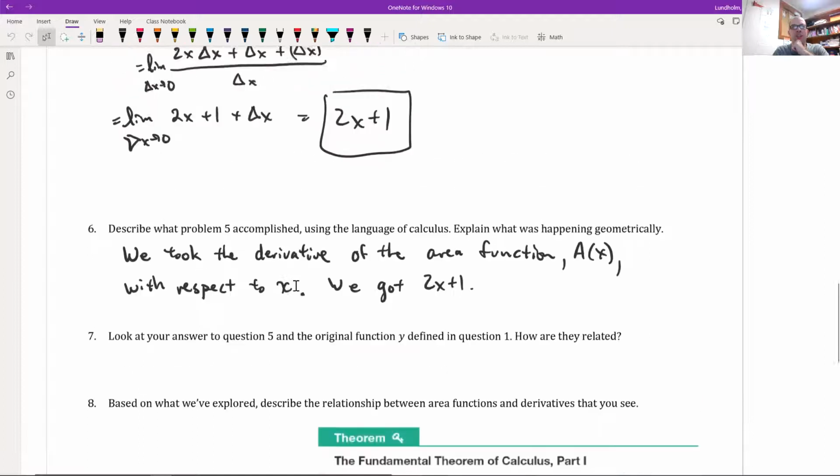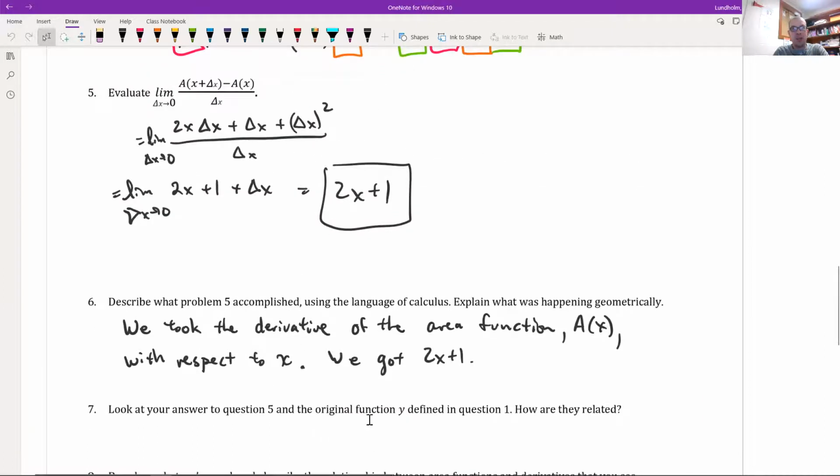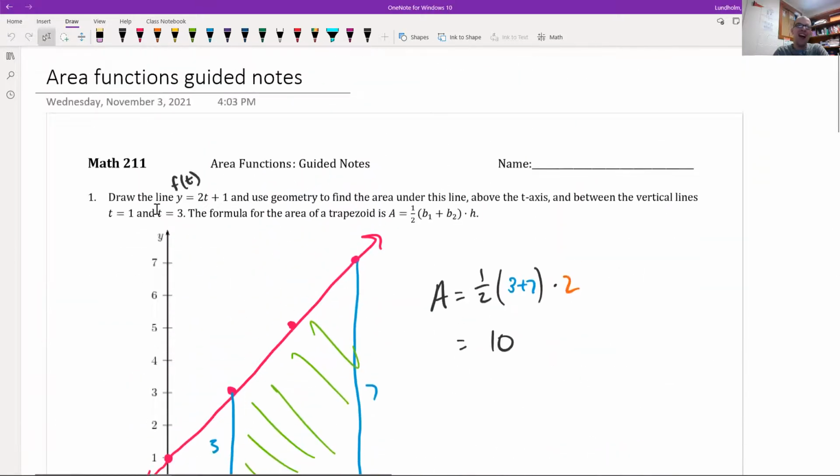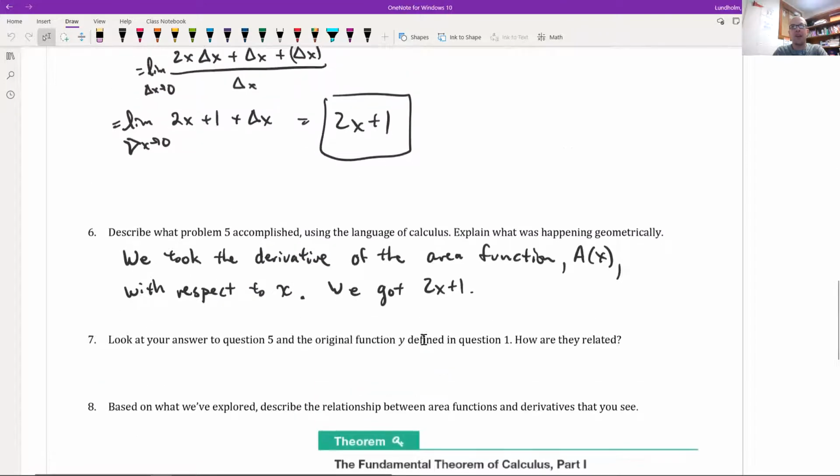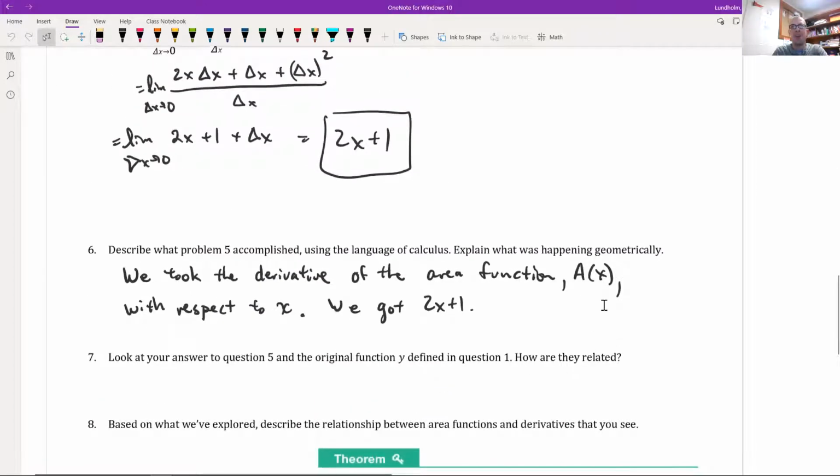Look at your answer to question number 5, 2x plus 1, and the original function y defined in question 1, which I should just call f of t so that we can use f. How are they related? Well, very, very close, right?